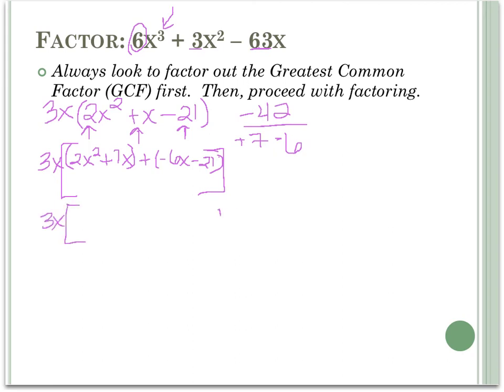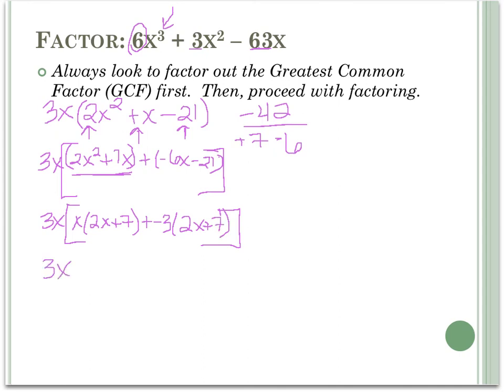In factor by grouping, all I can really take out of the first group is an x, and I'm left with 2x plus 7. In my next set of terms, I'm going to take out a negative 3. This leaves me with 2x plus 7.